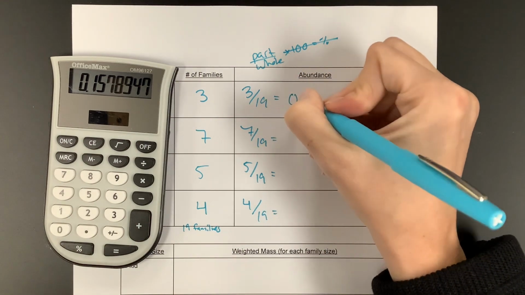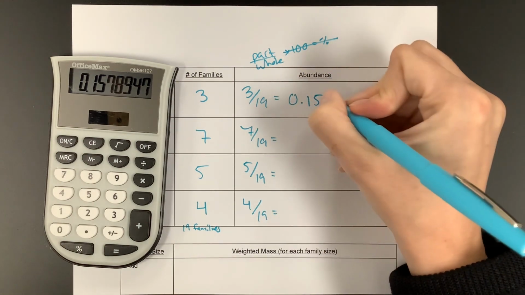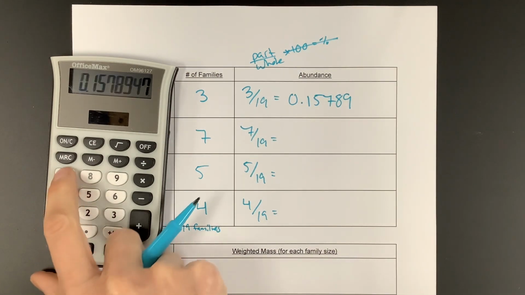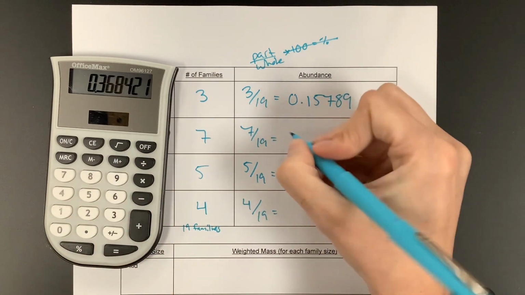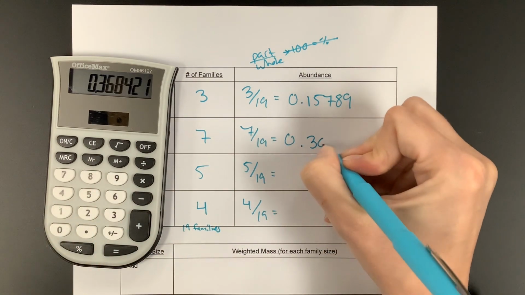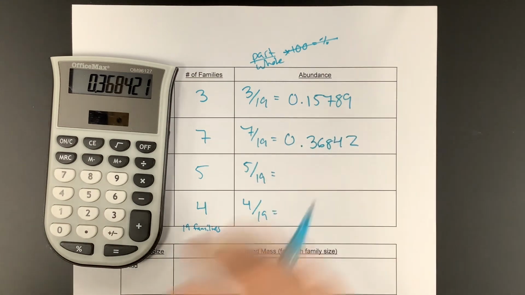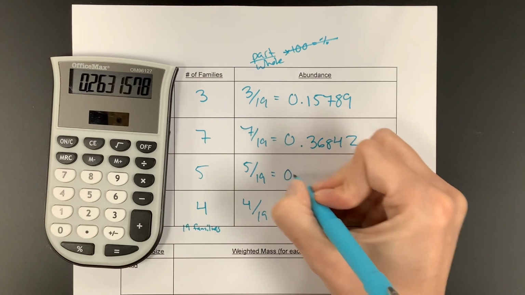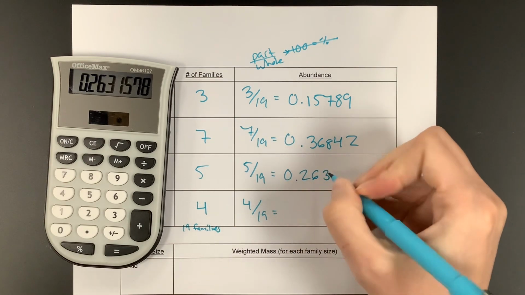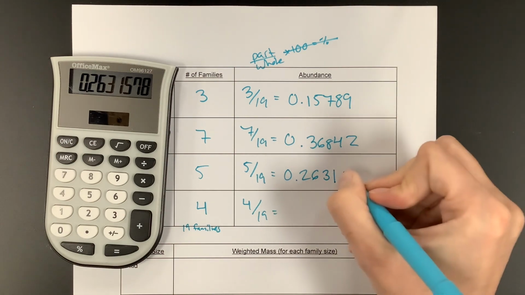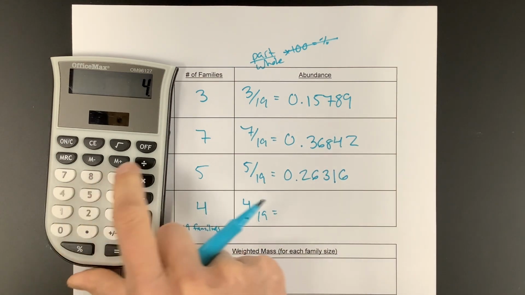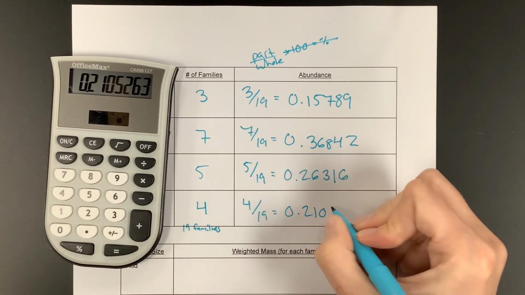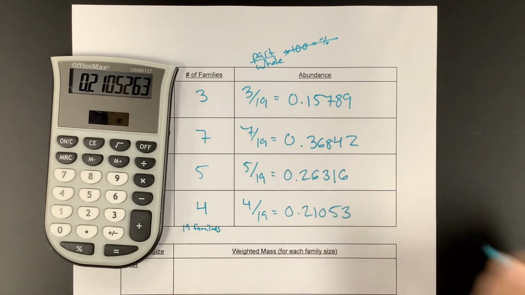So we've got 0.15789. 7 out of 19 families is 0.36842. 5 out of the 19 families is 0.26316. 4 out of the 19 families is 0.21053.